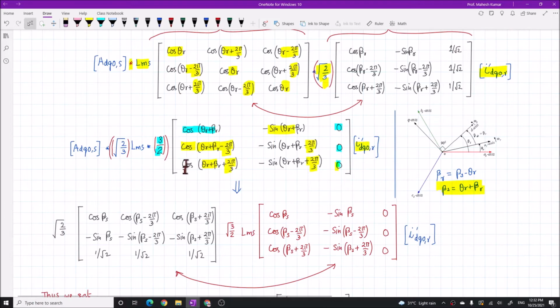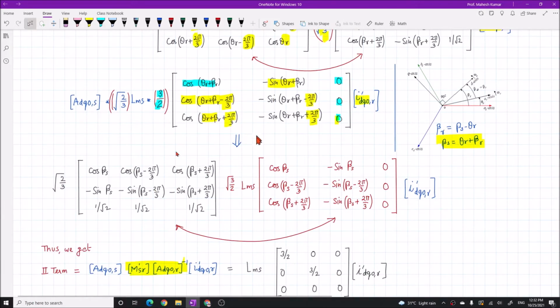So finally we have root 3 by 2, because root 2 by 3 into 3 by 2 becomes root 3 by 2, which is here, and this is LMS, and this is this matrix.